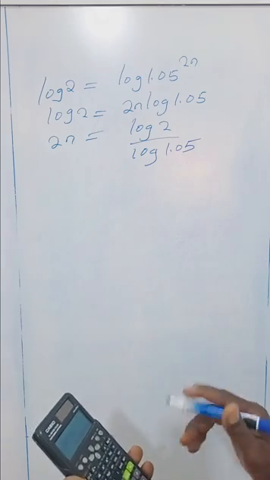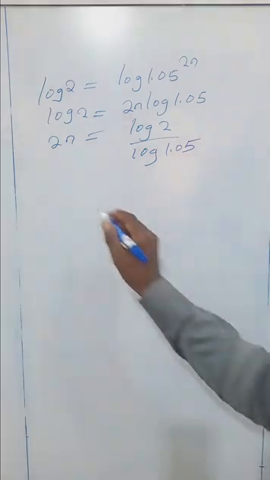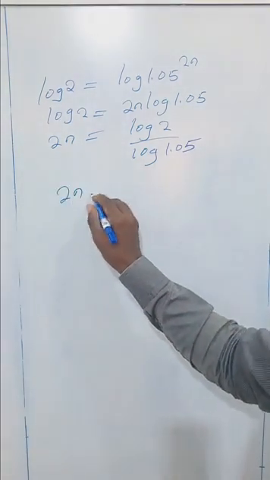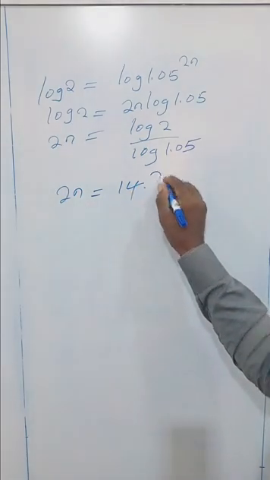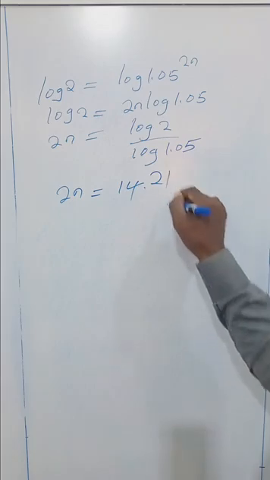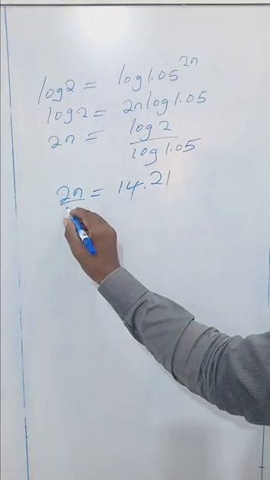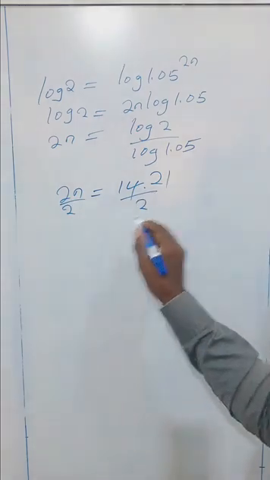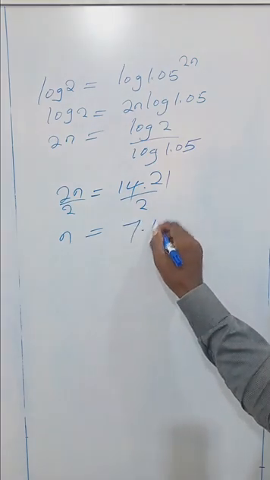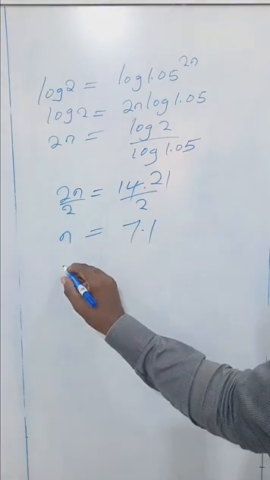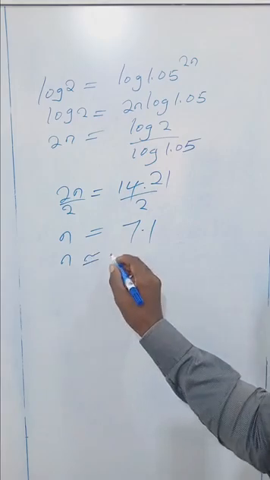According to my calculator, if it's correct, we get 2n is equal to 14.21. Dividing this side by 2, we get n to be equal to 7.1. Our n is approximately 7.